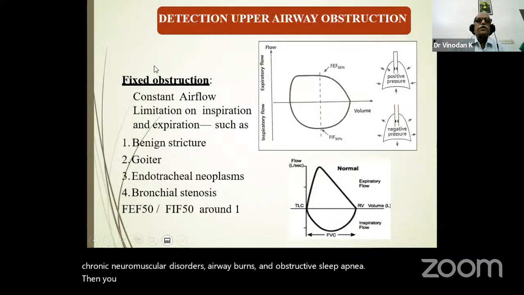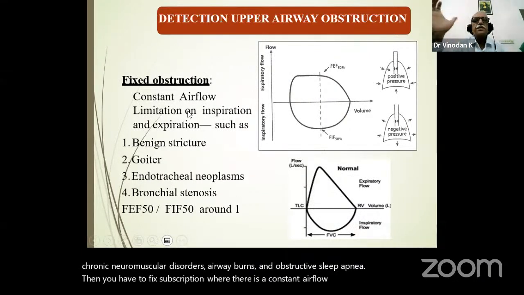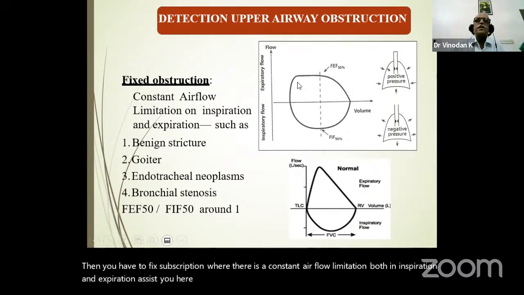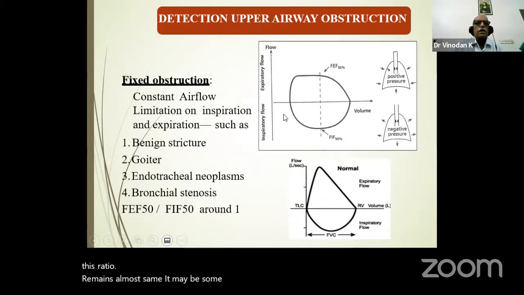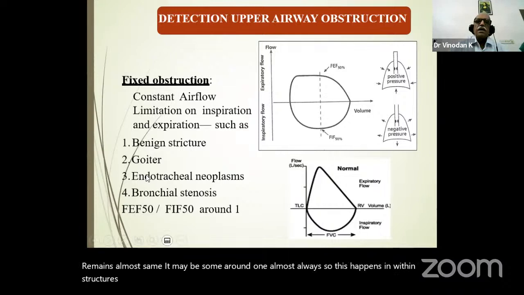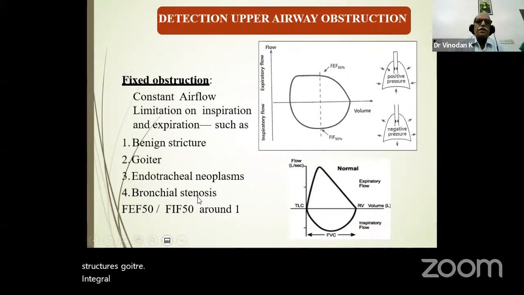Then you have the fixed obstruction, where there is a constant airflow limitation, both in inspiration and expiration. As you see here, both are blunted, both are brought down, and this FEF to FIF ratio remains almost the same, almost always around 1. This happens in benign strictures, goiter, endotracheal neoplasms, and bronchial stenosis.